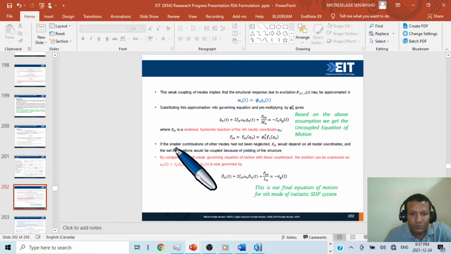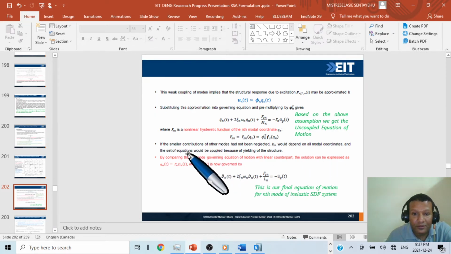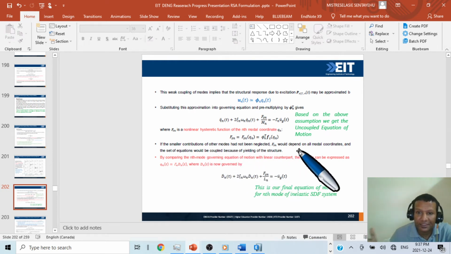If the smaller contribution of other modes had not been neglected, Fsn would depend on all mode coordinates, and the set of equations would be coupled because of yielding of the structure. But now we don't consider the higher modes.